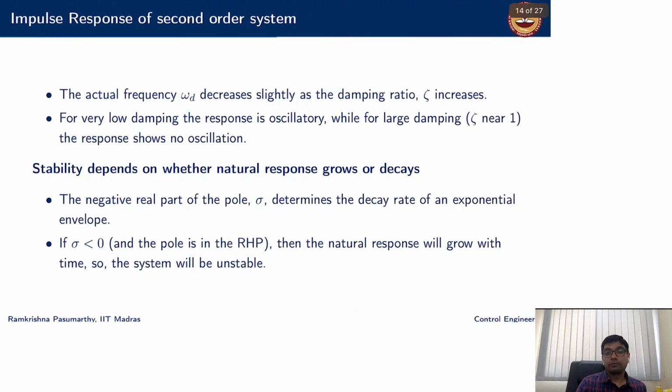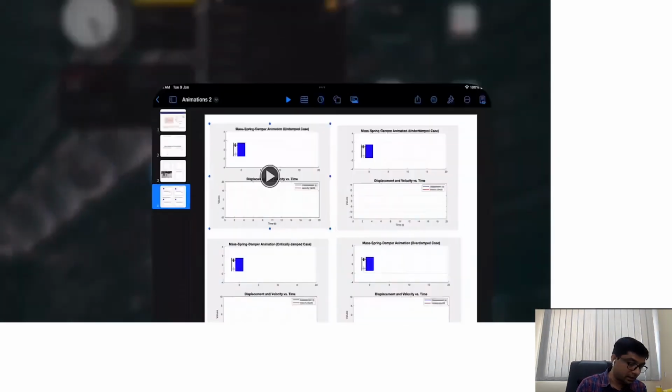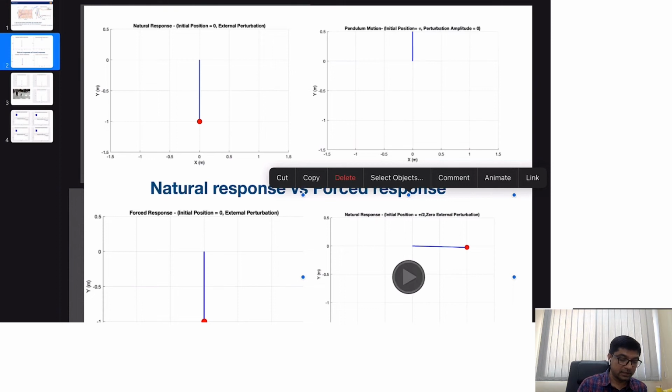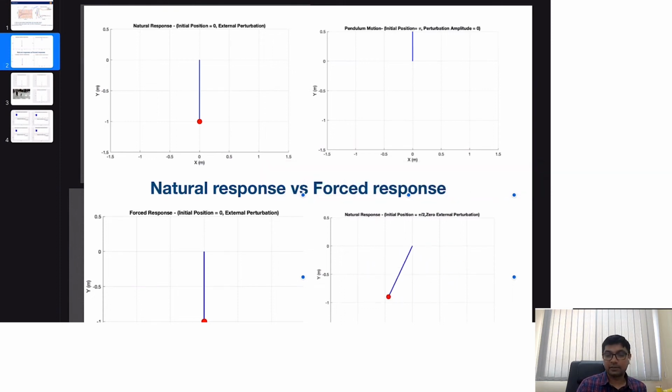Okay, now stability. Now I have a nice notion of stability. Stability depends on whether the natural response grows or decays. So here in one of these examples, the natural response was just growing. Here, the natural response was nicely decaying. The system starts from some arbitrary initial condition and comes back to the position where it is supposed to be.